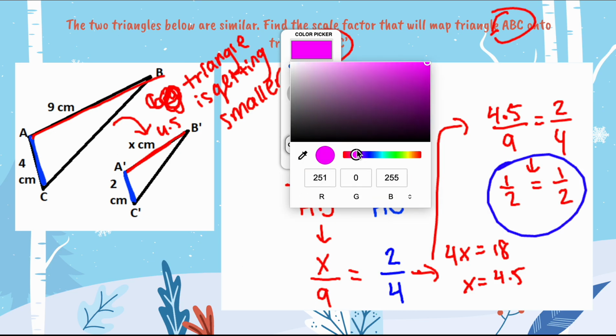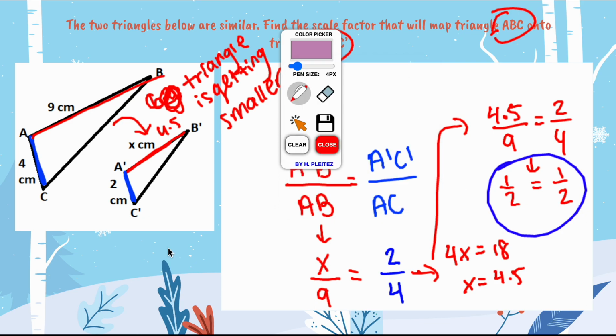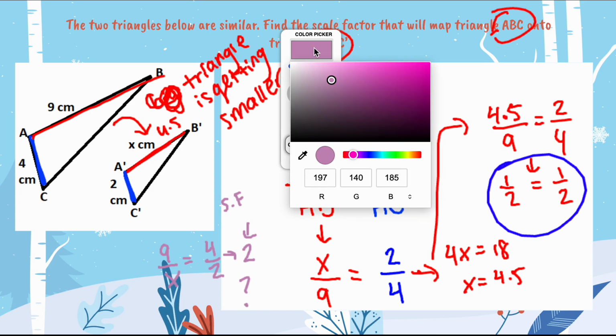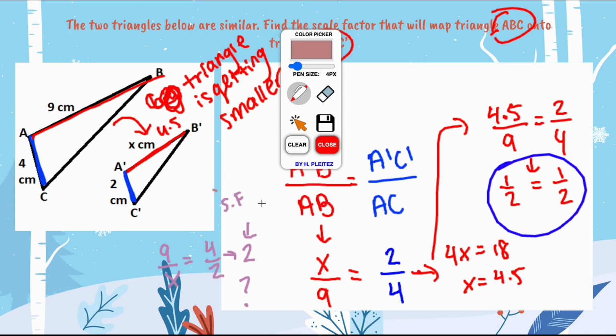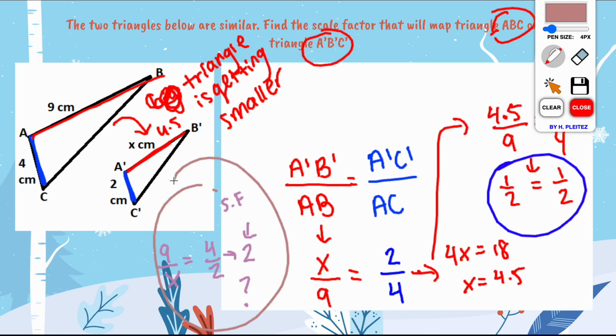Now, some people might make the mistake, when they're making their proportions, of doing 9 over X and instead 4 over 2. If you did that, you would simplify and get a scale factor of 2. I'm going to put a question mark there, because when you get something like this, that's why you analyze your problem first.